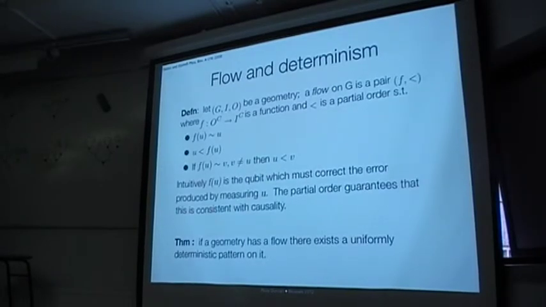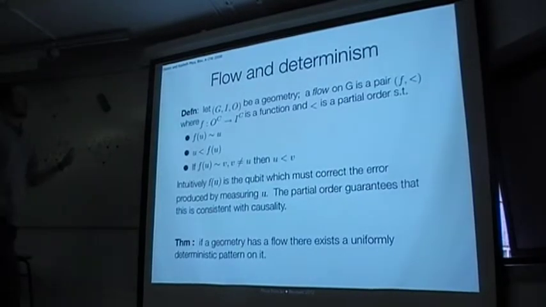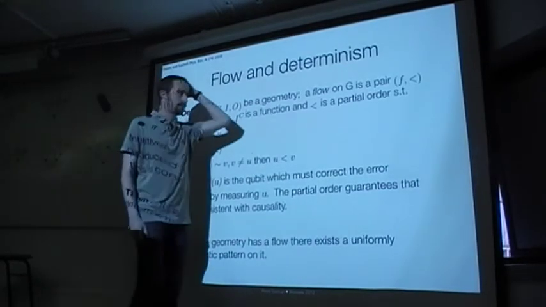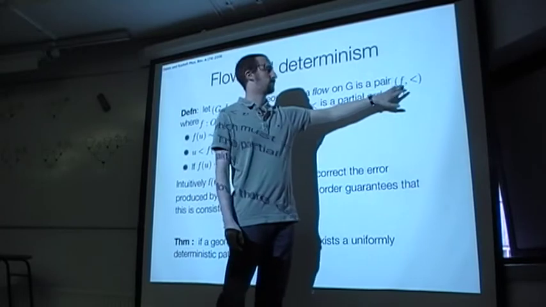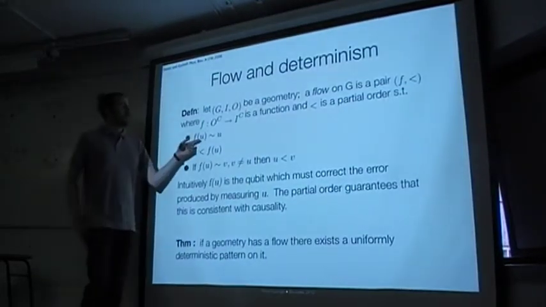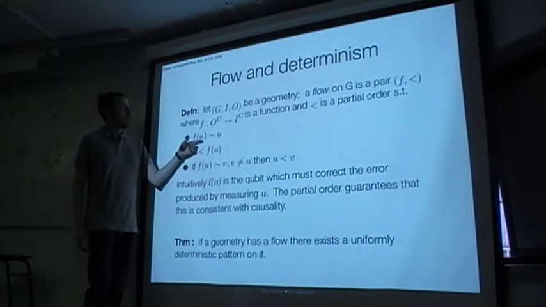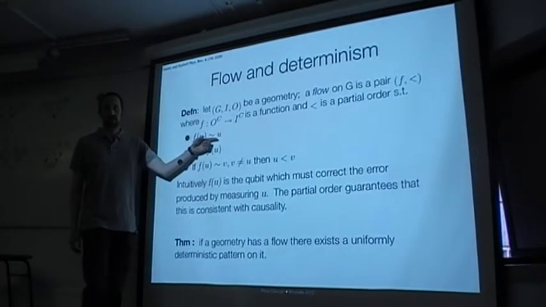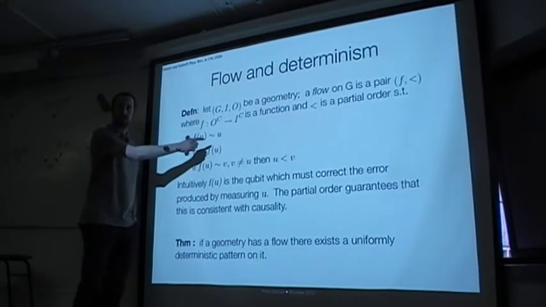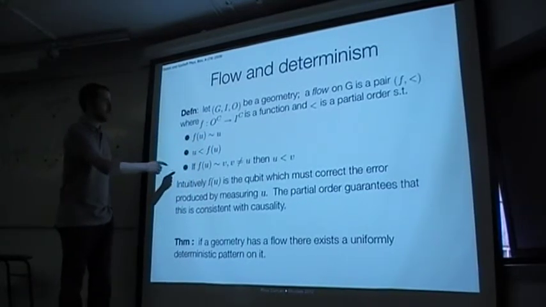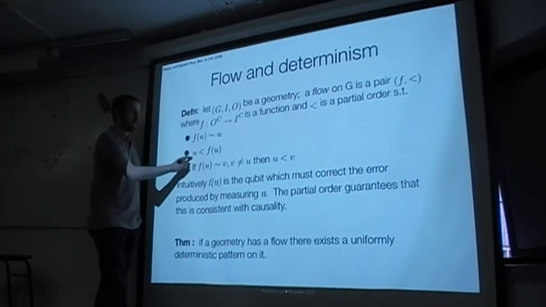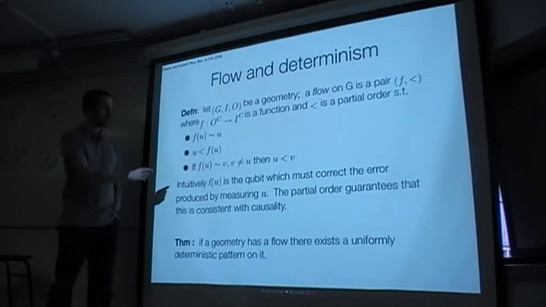Okay, so let G, I, O be a geometry. The thing we want to talk about is called the flow, which is a pair of a function and a partial order. The function assigns to every measured qubit a successor. And we require that the successor be connected to the qubit that it's a successor of. We require that the successor be after the measured qubit in this partial order.